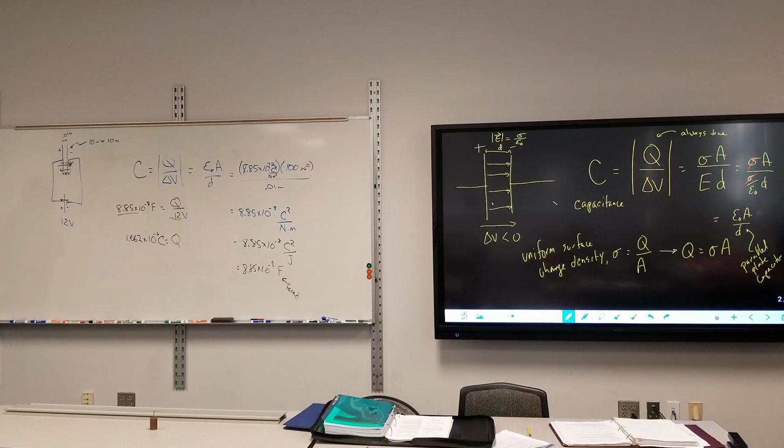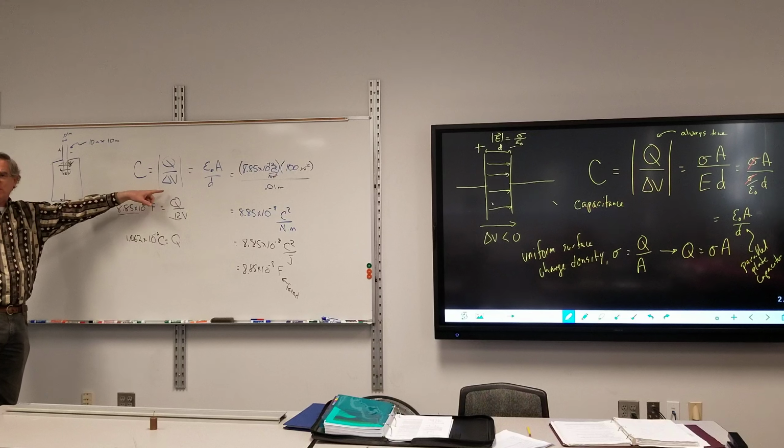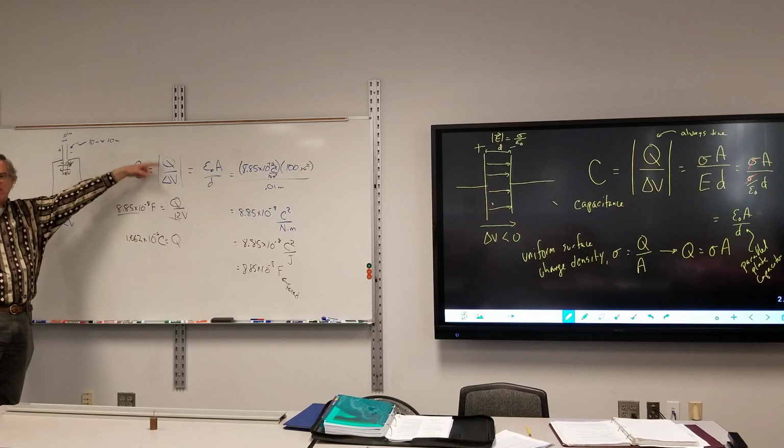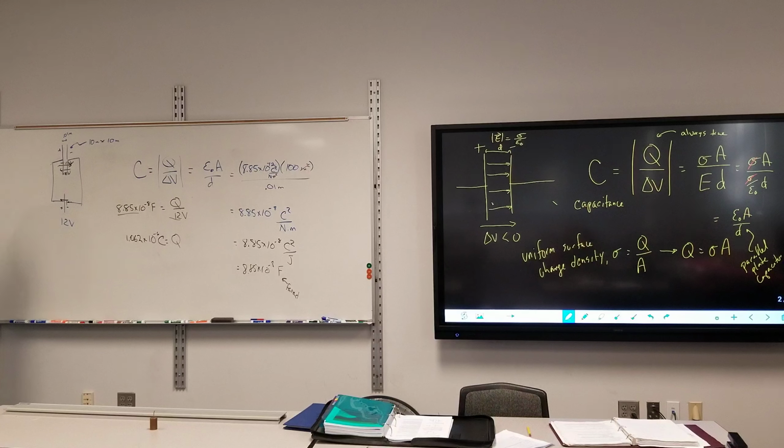Which way would I change the voltage if I want to increase the charge? Increase. Because capacitance is the amount of charge per voltage, so if I increase the voltage, I should get a greater charge. This ratio should stay the same. All right, so I can increase the voltage.